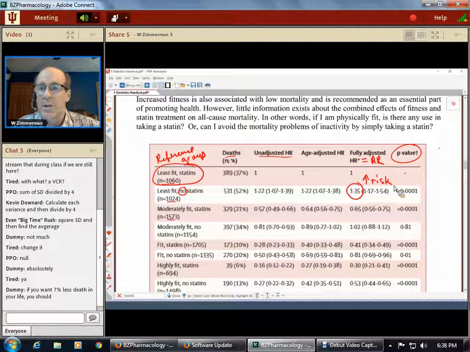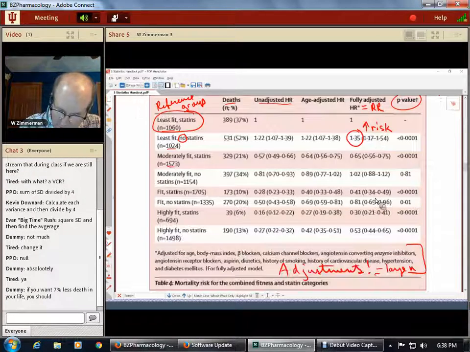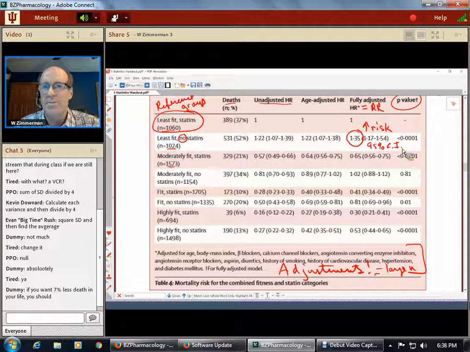Now, those numbers in the parentheses there, the 1.17 to 1.54, that's the 95% confidence interval. They use standard error here to come up with a 95% confidence interval. Notice how nice that confidence interval is. It tells you it's somewhere between about 1.2 and 1.5.